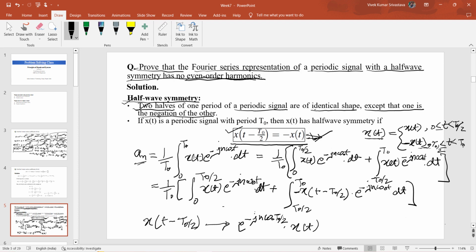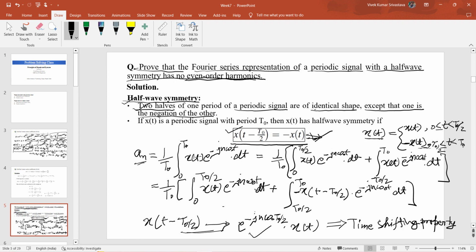Okay, so this comes from the time shifting property. So I am replacing this using the time shifting property.